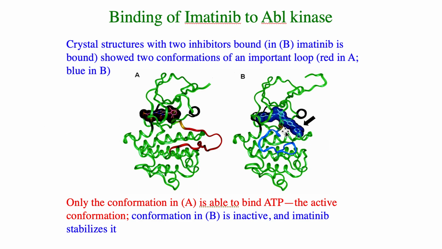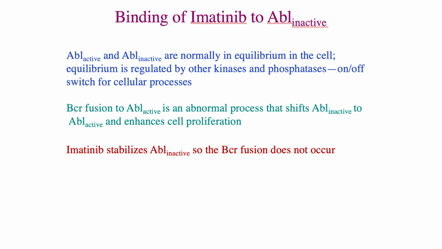It both isn't able to bind ATP and also isn't able to do catalysis. So the BCR fuses to ABL, and when it's this fusion protein, the ABL is always active, and so the cell's always proliferating.